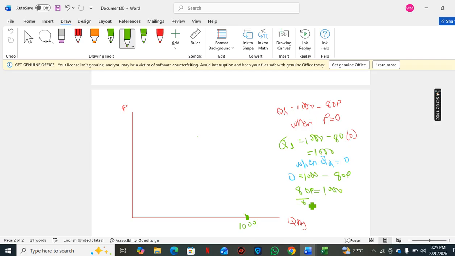To get the value of P, divide both sides by 80. So 1000 divided by 80, here on price, you're going to find 12.5.